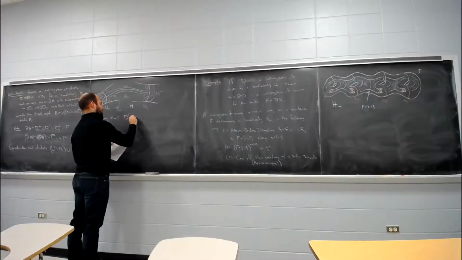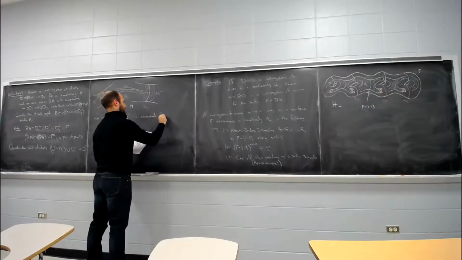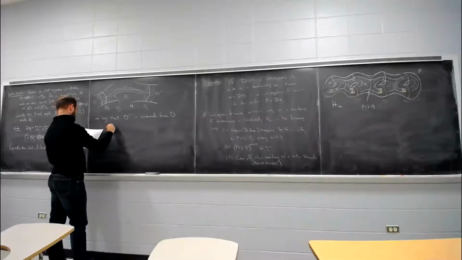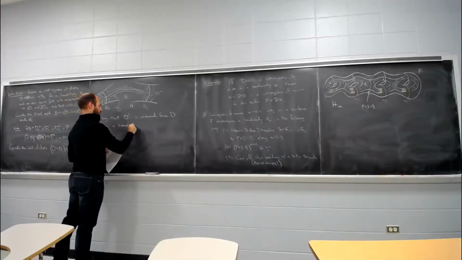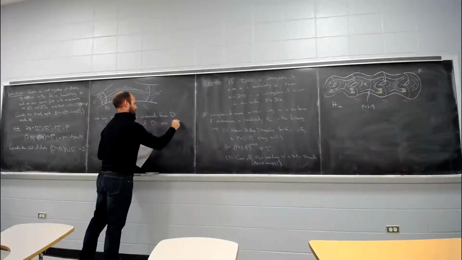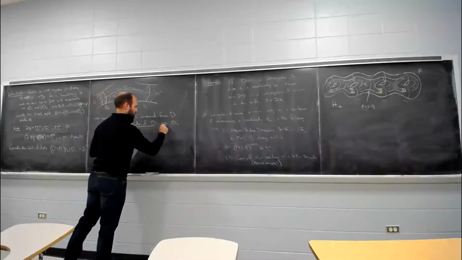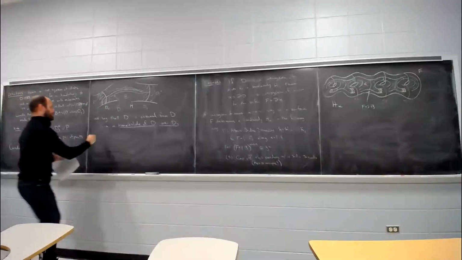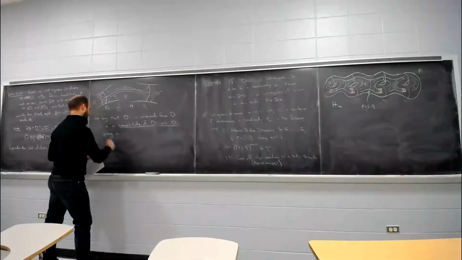So D prime is obtained from D via a handle slide of D_i over D_j along the arc.